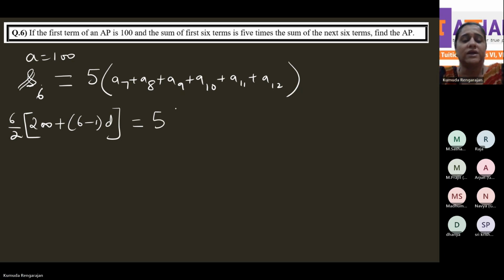How do you use the formula to find the sum of the next 6 terms?